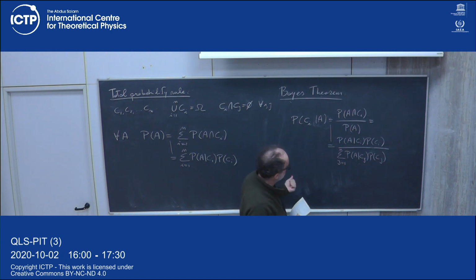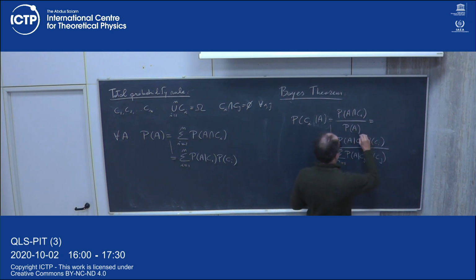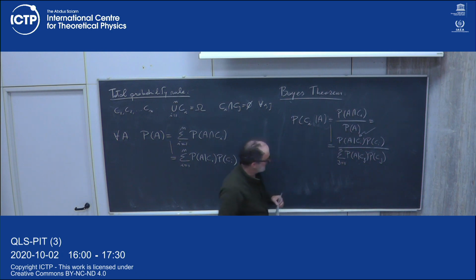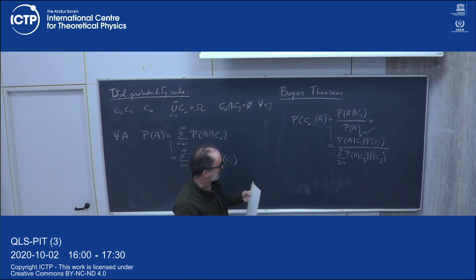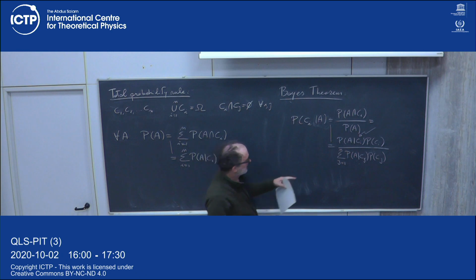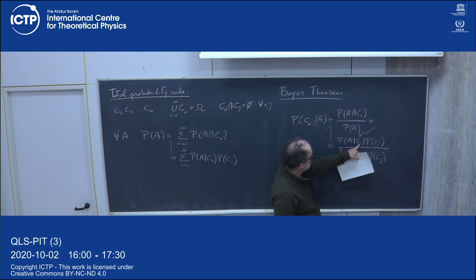In statistical inference, you can think of A as being a certain event you are interested in, and C being a certain model that describes this event.